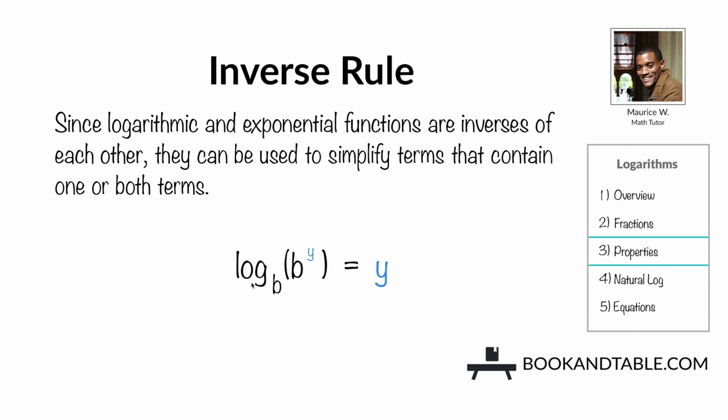If we had the log of base b of b raised to the power of y, the log to base b and this base here cancel each other out, leaving us with the exponent y.